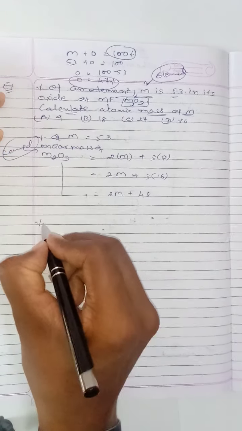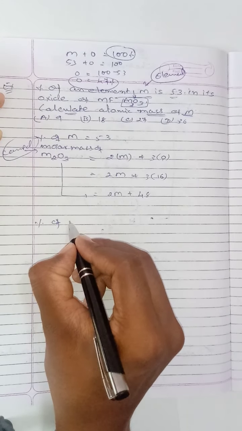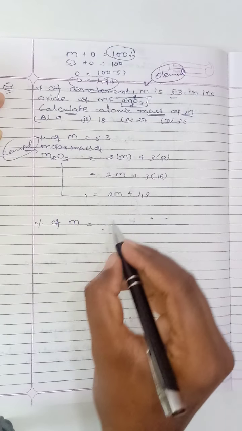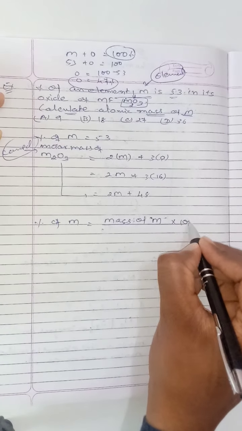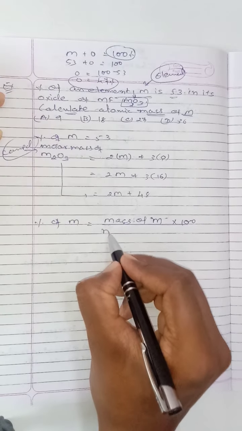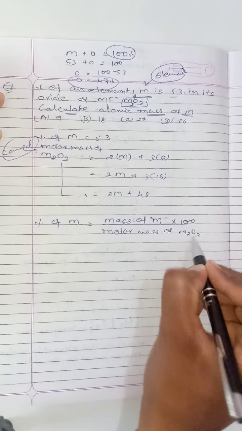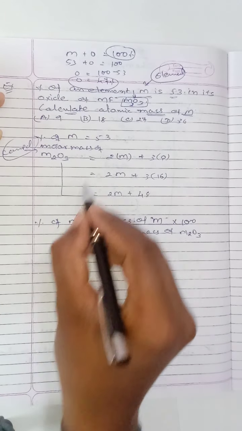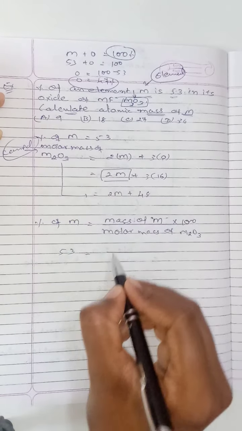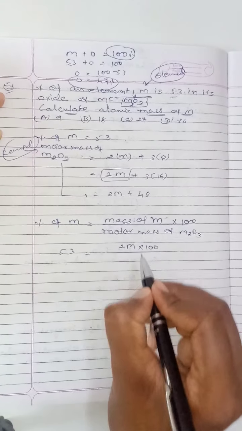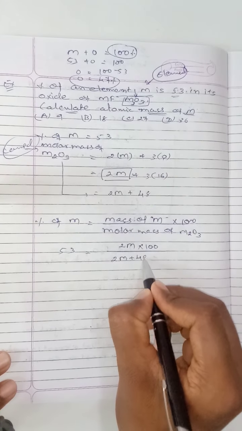Now we have the formula: percentage of M equals mass of M multiplied by 100 divided by molar mass of M2O3. Percentage of M is 53. Mass of M here is twice M multiplied by 100, and molar mass of M2O3 is twice M plus 48.